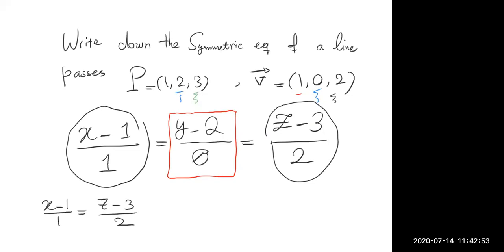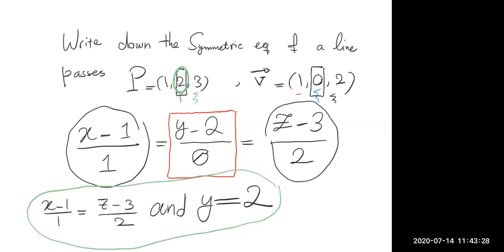Look at here, when this component is 0, y would always be equal to the second component of P. What does it mean? We should say x minus 1 over 1 is equal to z minus 3 over 2, and y is always equal to 2. Y would always be equal to this second component. That would be the equation.